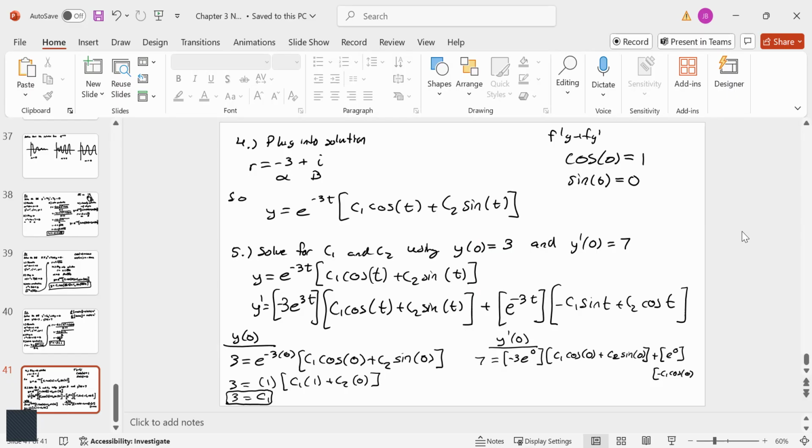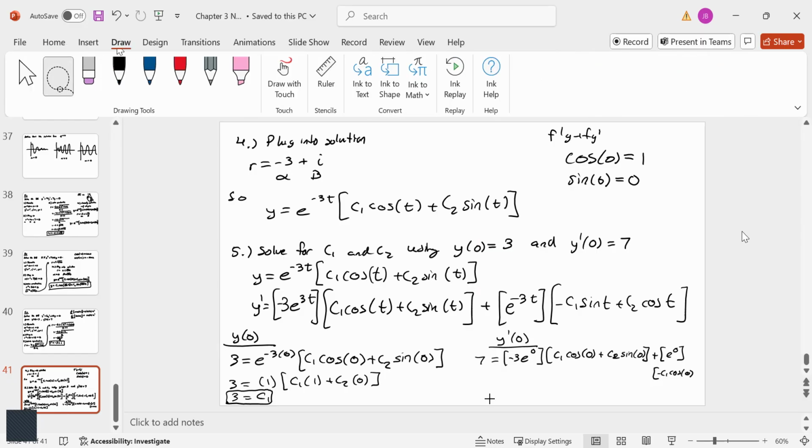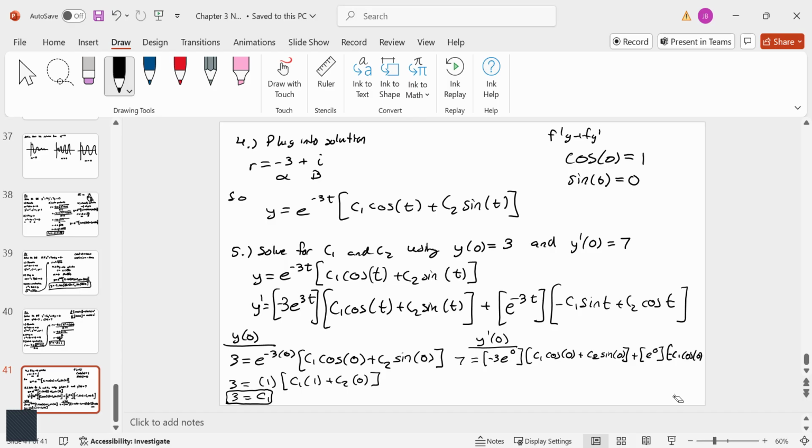I have no room here. Let me give myself a little bit more space, as much as I can. The negative plus sine, oh, can't forget the C2, plus C2 cosine of 0.